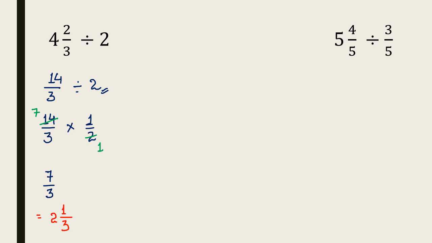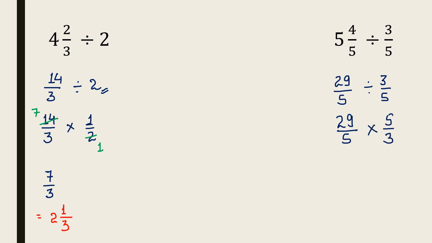The next question is 5 whole 4 upon 5 divided by 3 upon 5. So it will be 5 5s are 25 plus 4, 29 upon 5 divided by 3 upon 5. Now write the reciprocal of 3 upon 5. So 29 upon 5 and its reciprocal will be 5 upon 3.